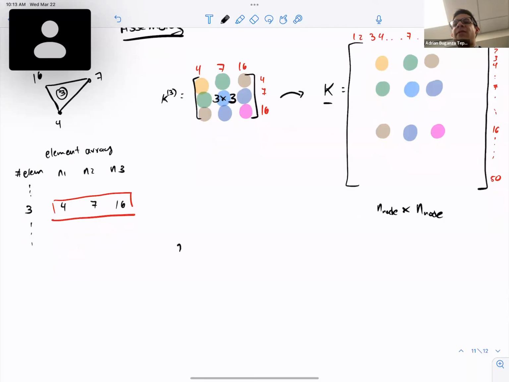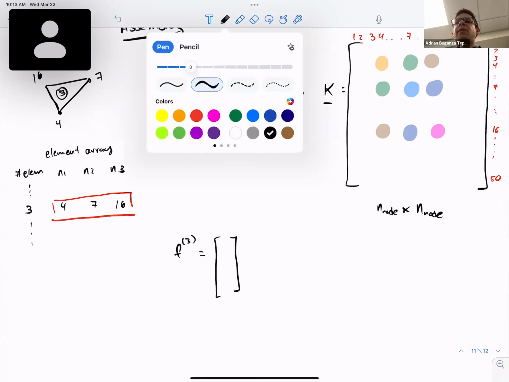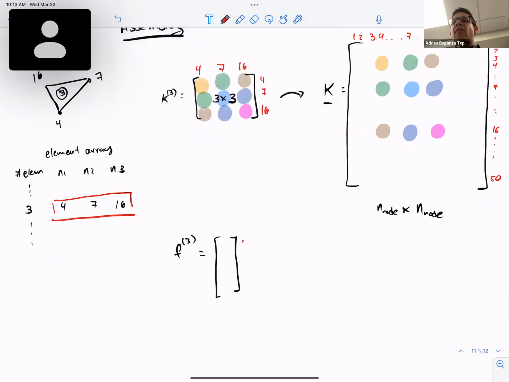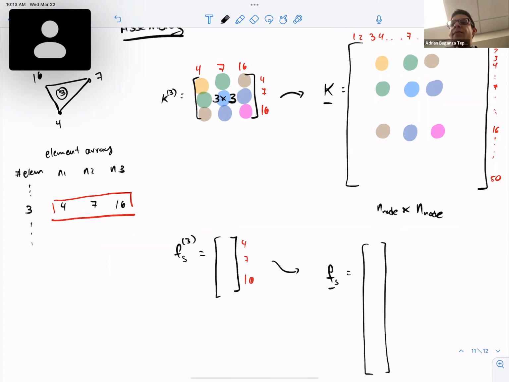For the force vector, you can imagine it is the same. So this force vector for the element, and then we write 4-7-16. And then there's the big force vector, and that one has all the numbers.